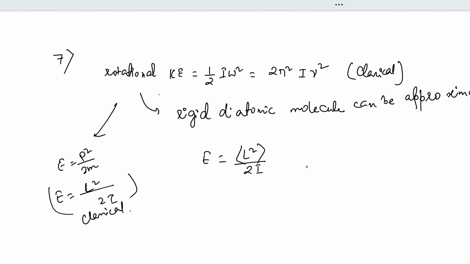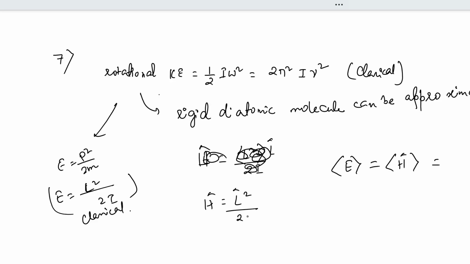So then, because your Hamiltonian looks like this, your energy expectation value is the expectation value of the Hamiltonian. So the Hamiltonian looks like L cap squared by 2I. So the energy eigenvalue is the expectation value of H cap, which is L squared divided by 2I.